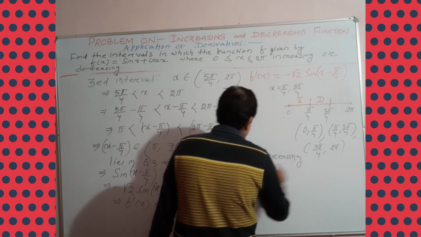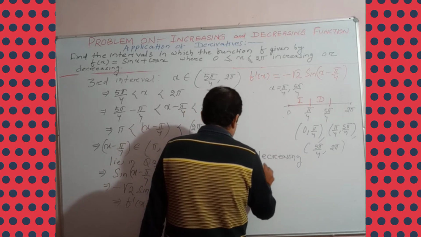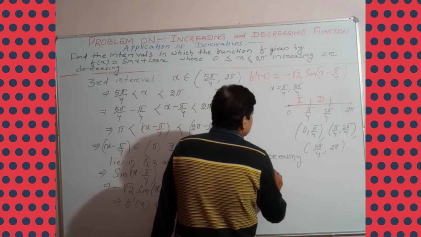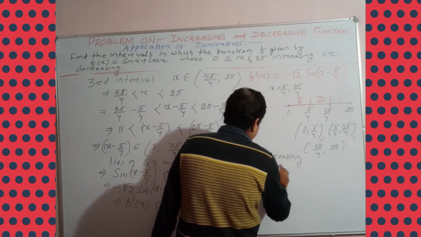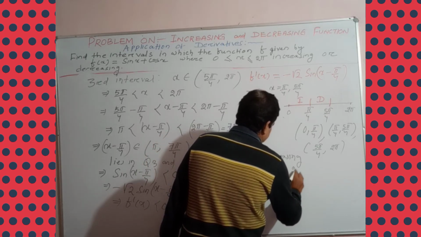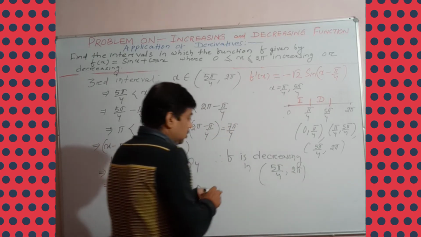The function is decreasing in the interval 5 pi by 4 and 2 pi. Understand?